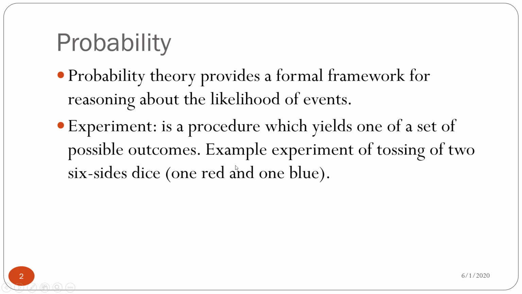In this example, we have the example of tossing two six-sided dice. This is a slightly complicated case, but let me give you a very simple experiment idea. The experiment could be as simple as tossing just one coin. If you're tossing one coin, then it may result in head or tail.